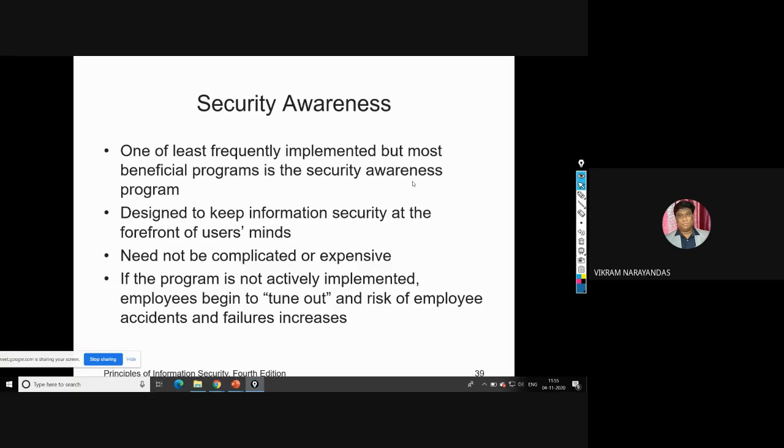These are designed to keep information security at the forefront of the users' minds. What happens when you are not following the rules, regulations, policies or laws in the organization? The blueprint is designed by upper management, the executives or vice president of information technology or information systems, and is kept at the forefront of users' minds.